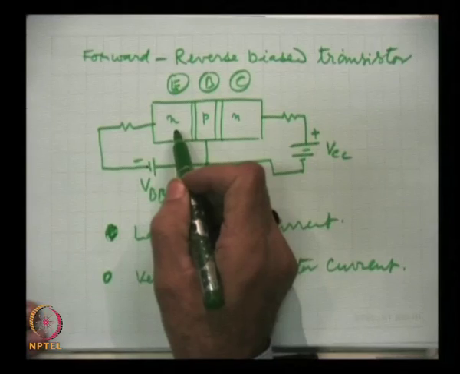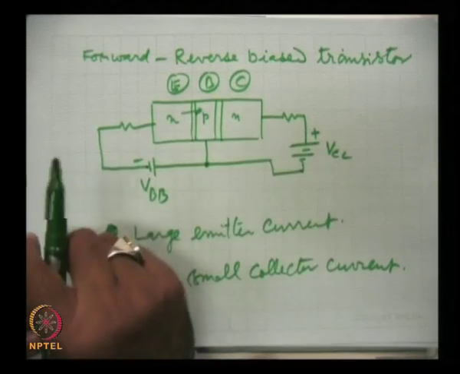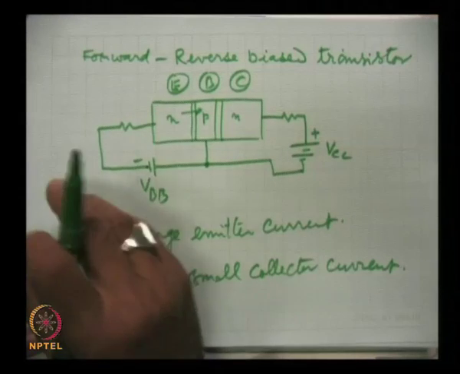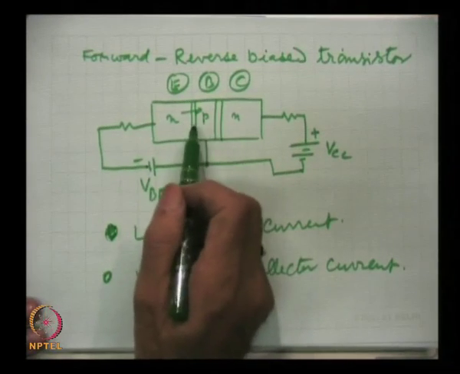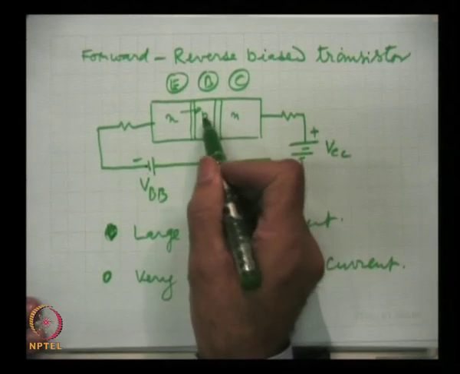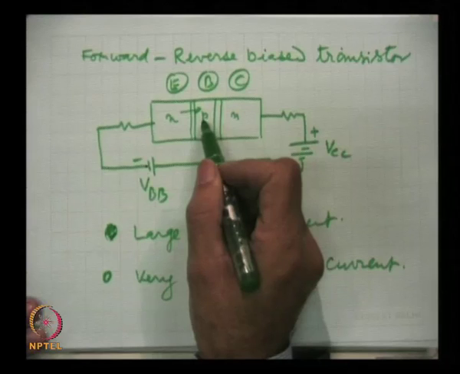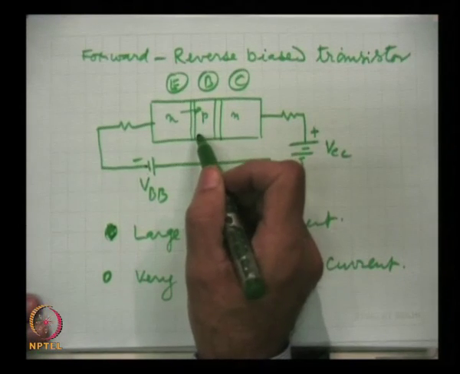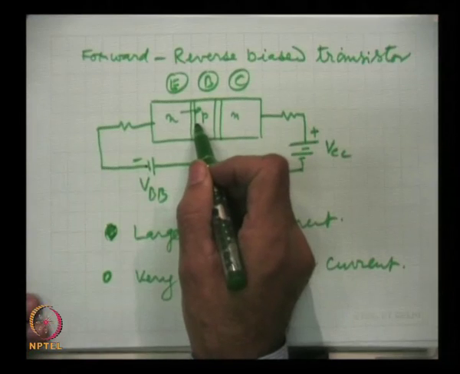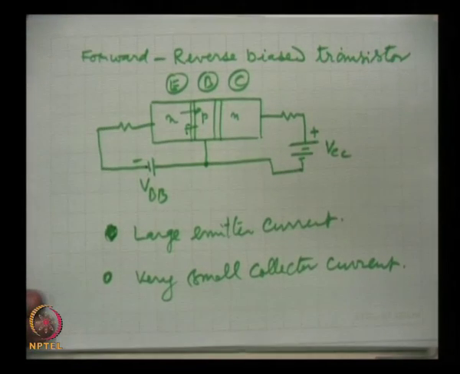This forward bias implies that electrons will be injected into the base, that means they will diffuse towards the base in a very large number, and holes, because this base region is very lightly doped, there is a small density of holes here, they will also diffuse to the emitter.